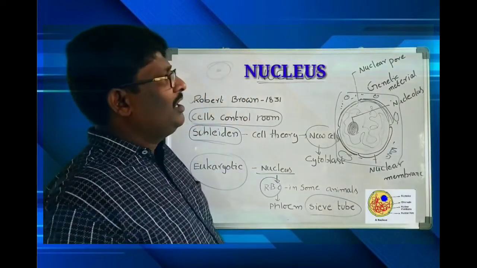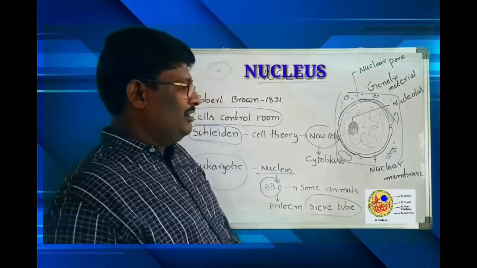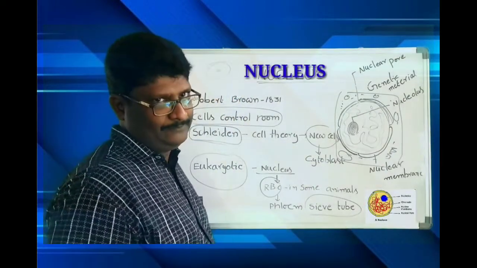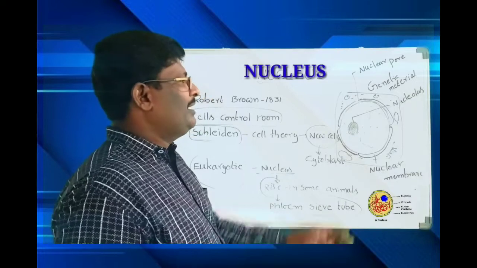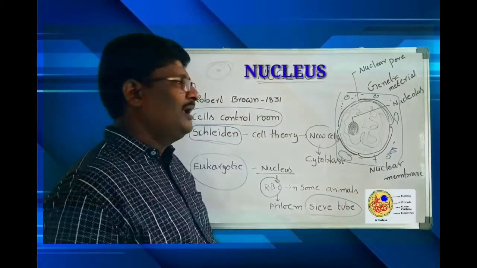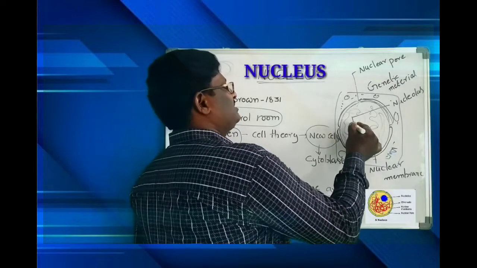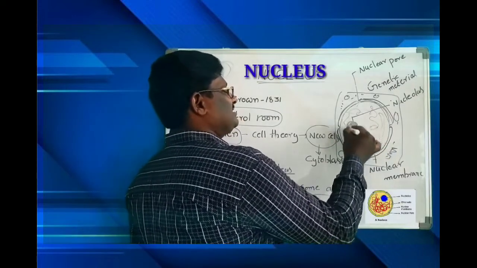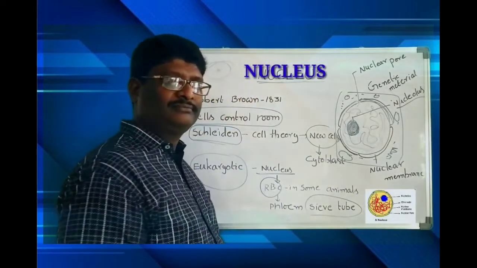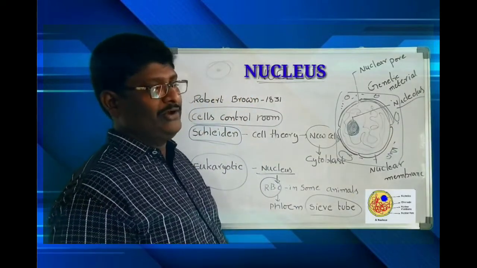They are called the nuclear envelope. We call it the nuclear membrane or nuclear envelope. Inside the nucleus, there is a dot-like structure. This is called the nucleolus.